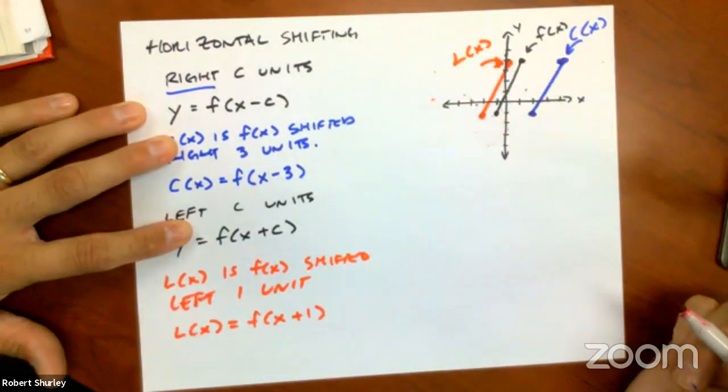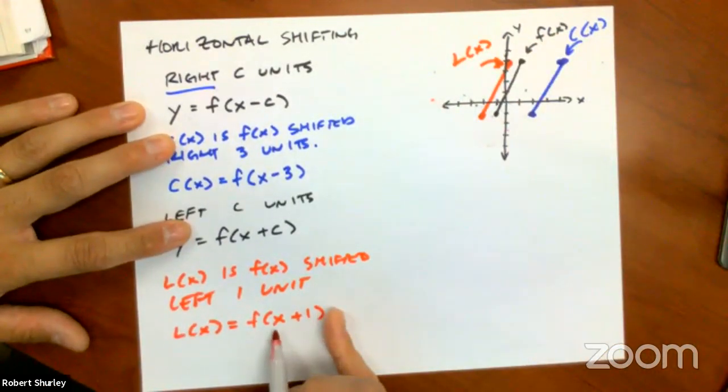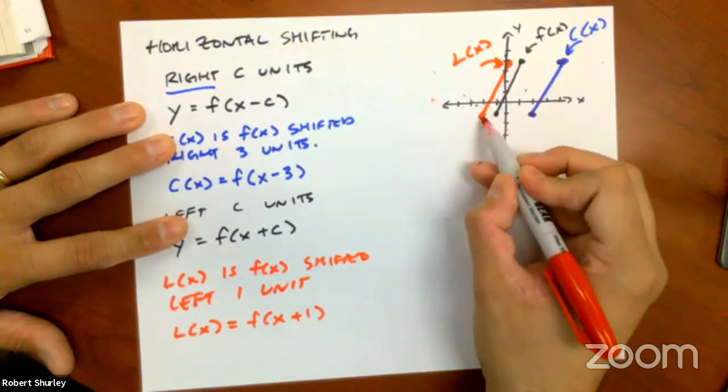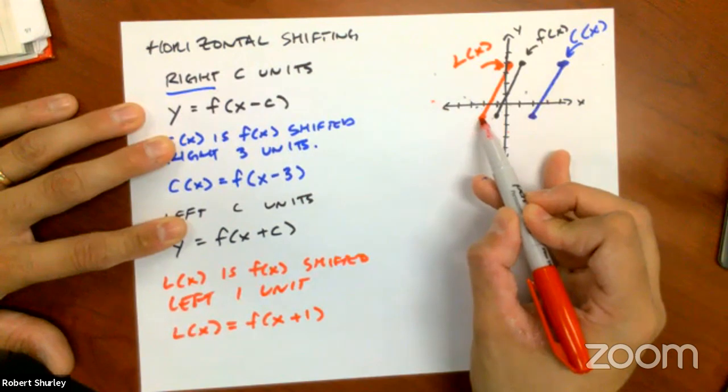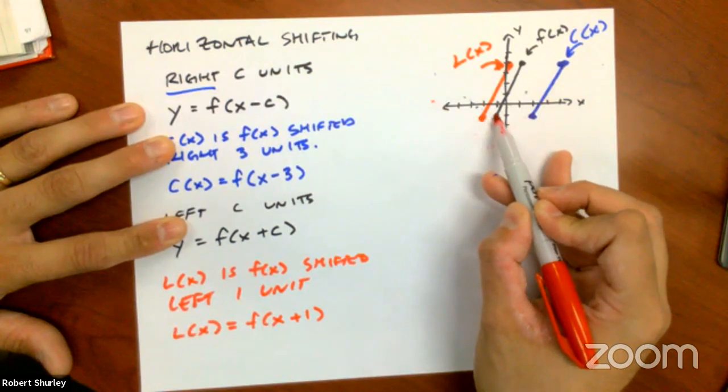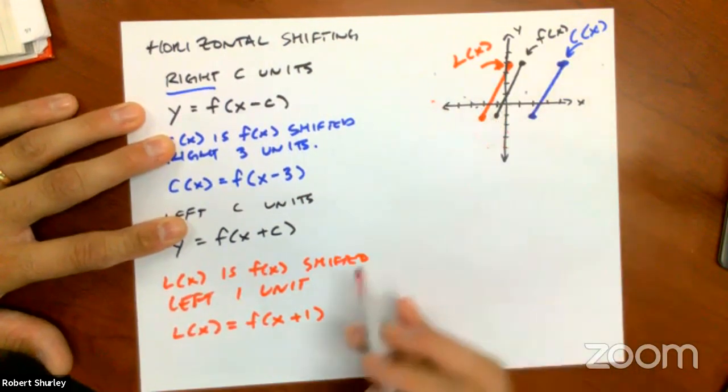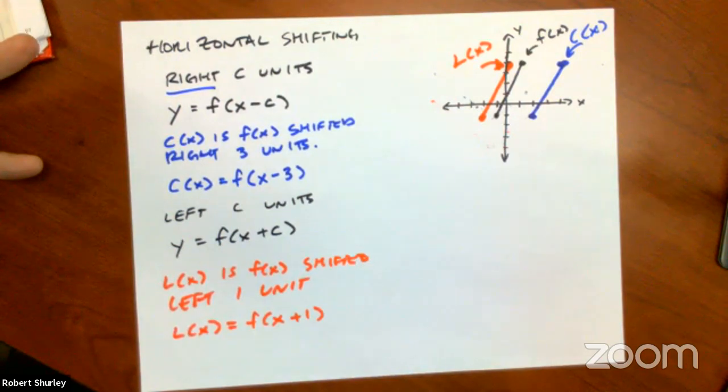That x value has to get us back to the original coordinate. To get back to this original coordinate, I'd have to subtract 1 to get back to here. That's the easiest way to think about it. I know it's weird. It's weirder with the horizontal shifting, but that gets us back to where we need to be.